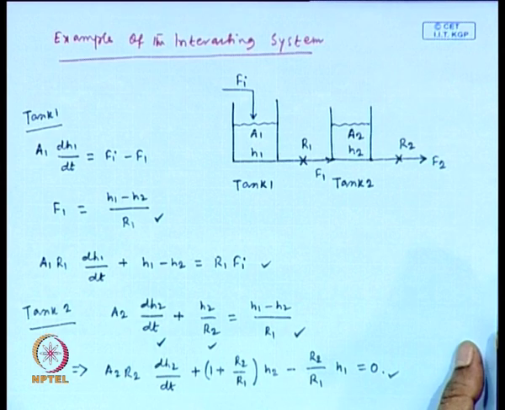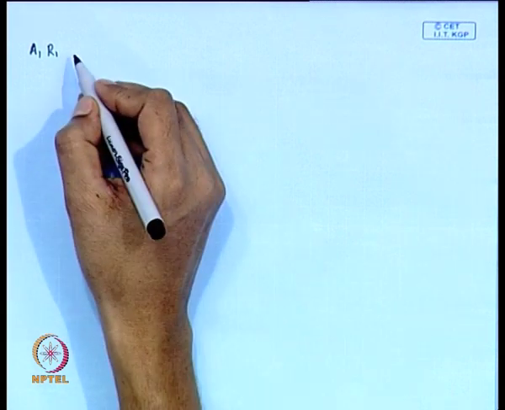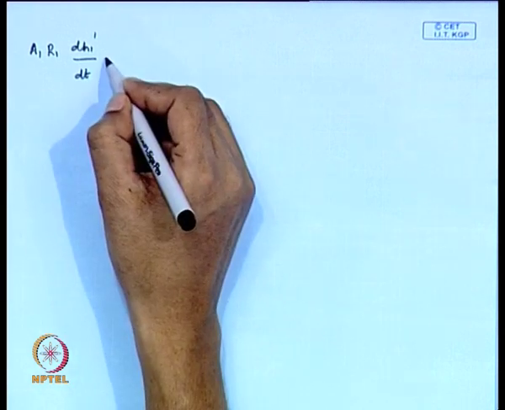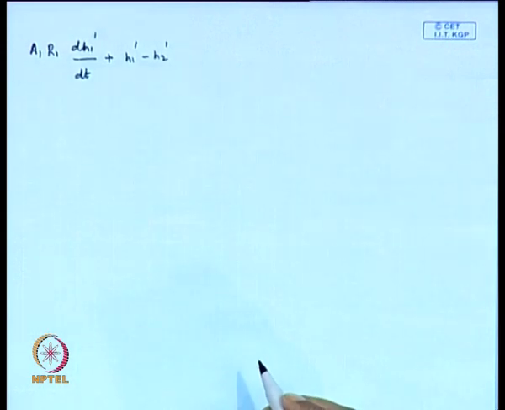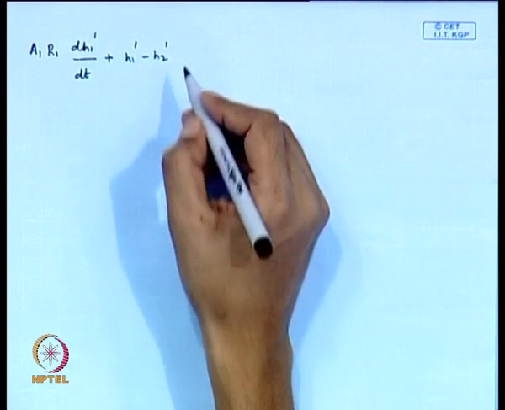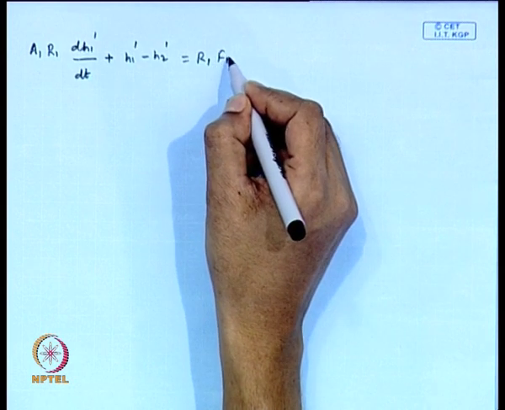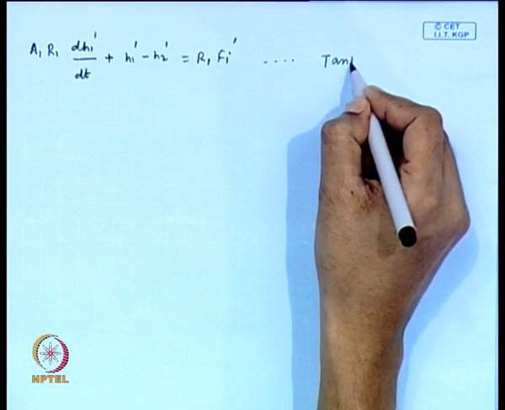Fine. Now, we wish to write these two equations in terms of deviation variables. So, for tank 1 we can write the modeling equation in terms of deviation variables, and we obtain A1 R1 dH1'/dt plus H1' minus H2' equals R1 Fi'. This is for tank 1.